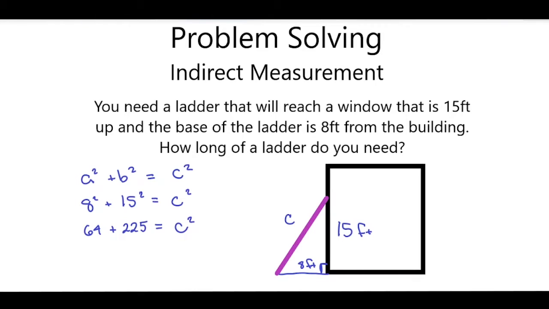Well, 64 plus 225 is 289, and that's equal to c squared. Well, I'll take the square root of both sides, and that means that c is 17. So the length of my ladder is 17 feet. And that's how you solve these problems using indirect measurement.